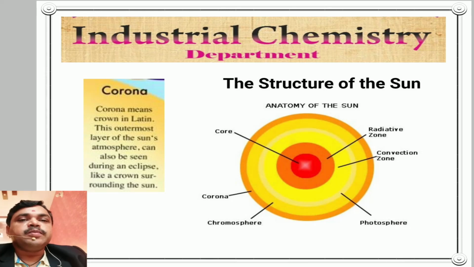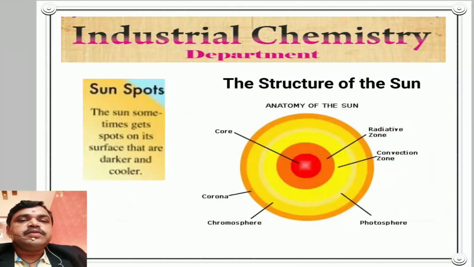This outermost layer of the Sun's atmosphere can also be seen during an eclipse, like a crown surrounding the Sun. In a full solar eclipse, we see this corona in very good structure. We are studying here all six parts of the Sun.